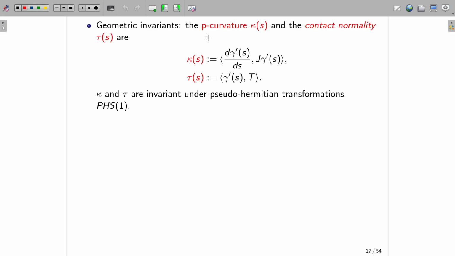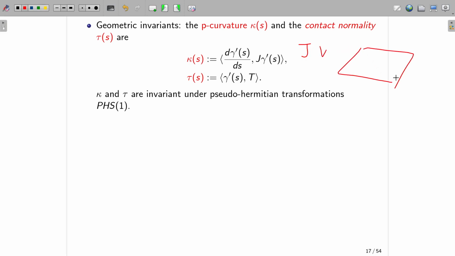One is called the P curvature, and the other is called the contact normality. The P curvature is defined as the second derivative of gamma, taking the inner product with the tangent after applying J. J means that we just rotate the vector by 90 degrees on the contact plane.